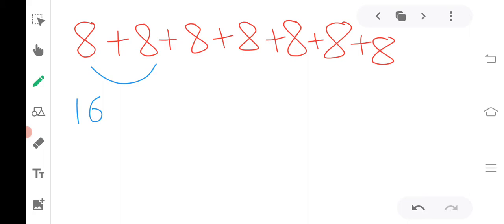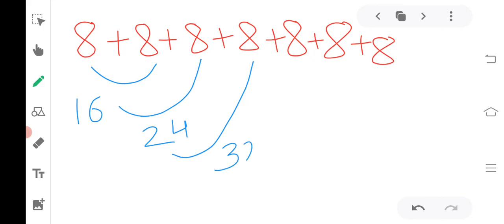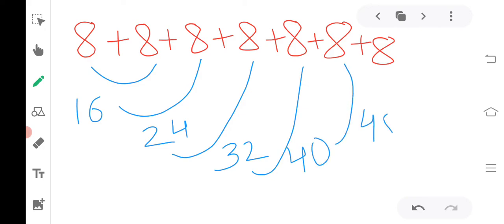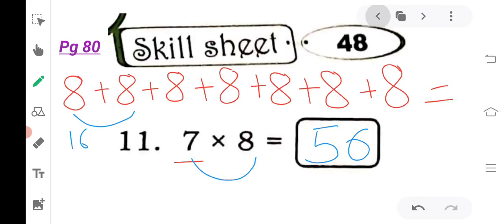Then 16 plus 8 is your 24. Then 24 plus 8 is your 32. Then 32 plus 8 is your 40. Then 40 plus 8 is your 48. 48 plus 8 is your 56. So your answer is 56.